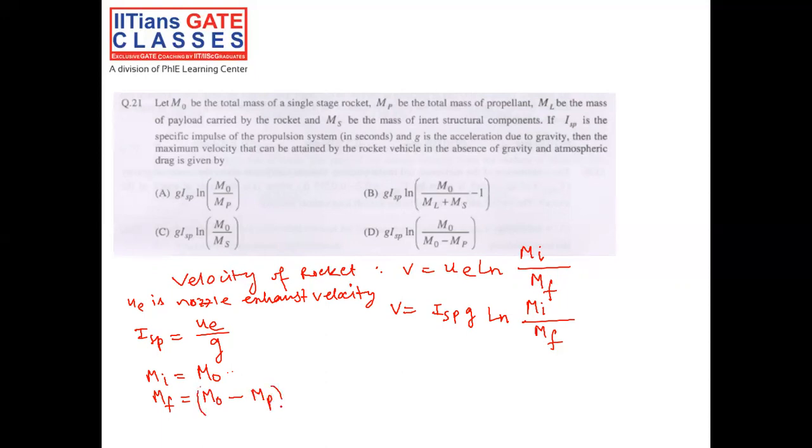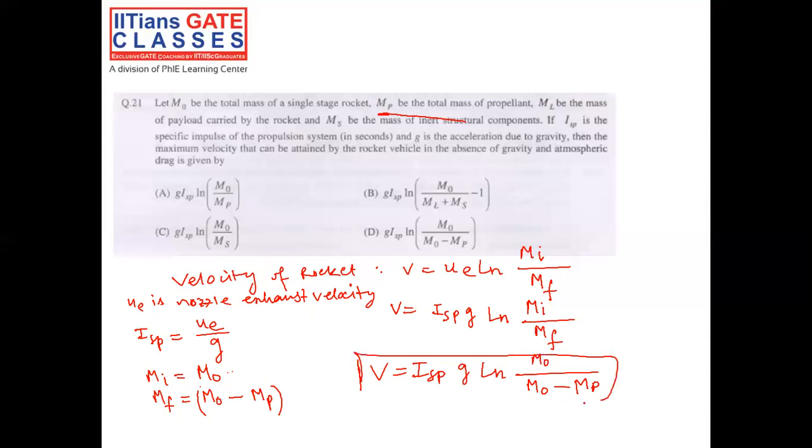So this is the final mass of the rocket. Now if you substitute it here, it will give Isp g ln of m naught divided by m naught minus mp, where mp is the propellant mass as it is given here, the total mass of the propellant. So this is the correct answer, option D.